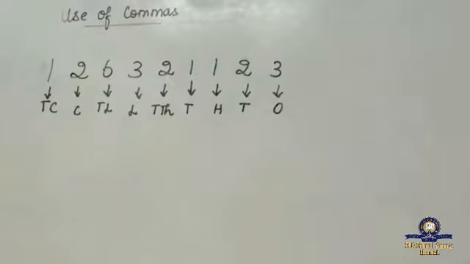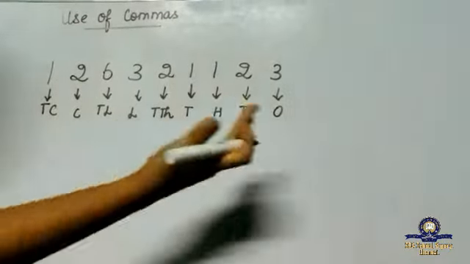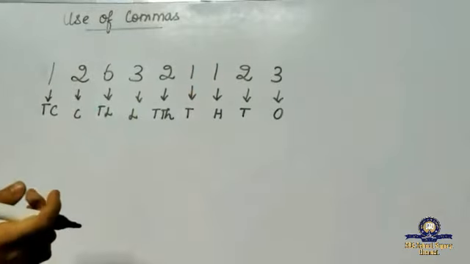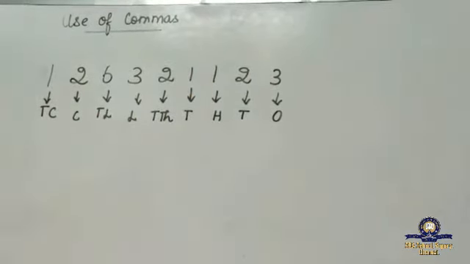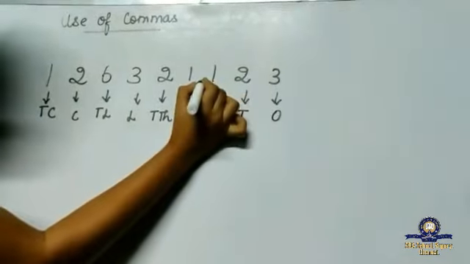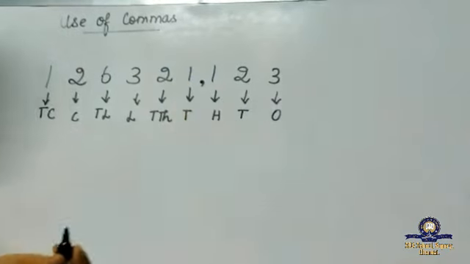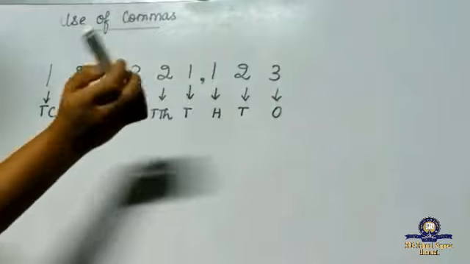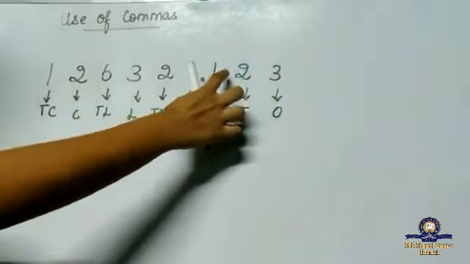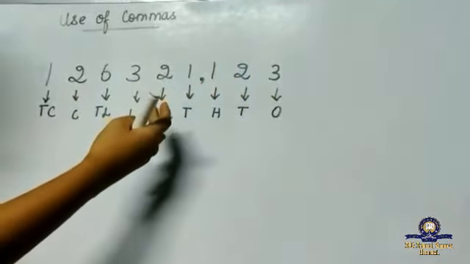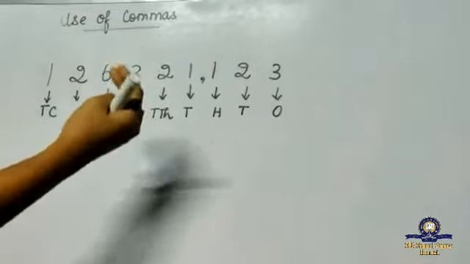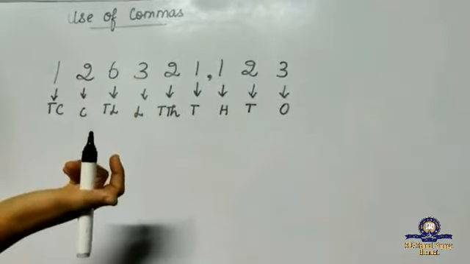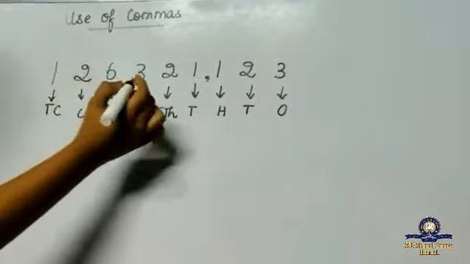So in the Indian system of numeration, we always use commas from the right. The first comma comes before the hundreds place, that is 3 digits from the right. 1 digit, 2 digit, 3 digit.